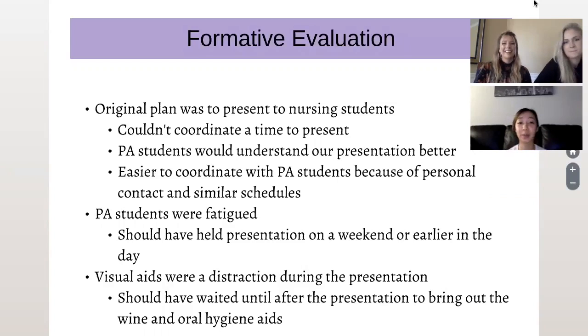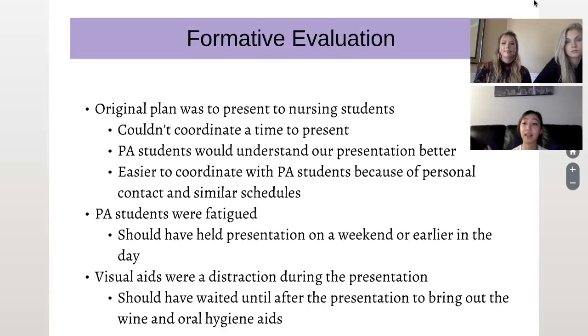So originally we were planning to present to nursing students from the Lake Washington Tech program, but because we weren't able to coordinate with the head of the program, we weren't able to present to that population, so we had to present to PA students instead.